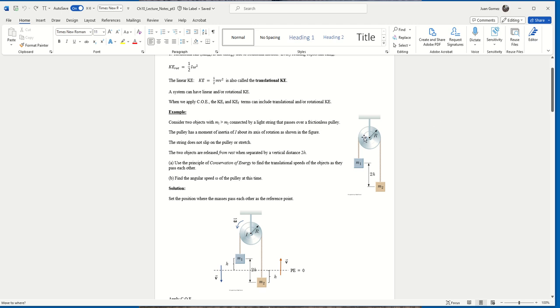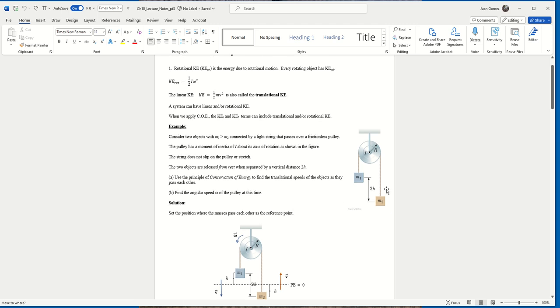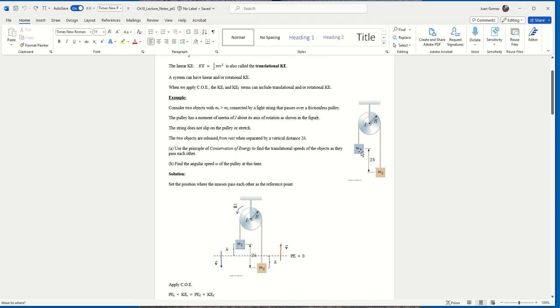The frictionless pulley has a moment of inertia I, and it has a radius of r, and it's pivoted. There's a frictionless pivot that passes right through the center of the pulley. But we cannot assume that the pulley is a uniform disk. If you can assume that, I would tell you. But in this case, we're just calling the moment of inertia I. The system is released from rest when M1 is at a distance of 2h above M2.